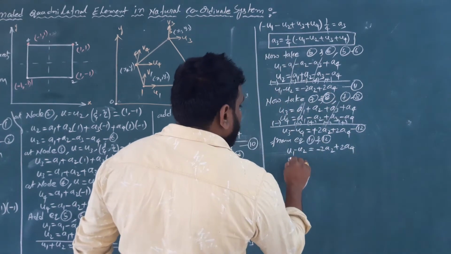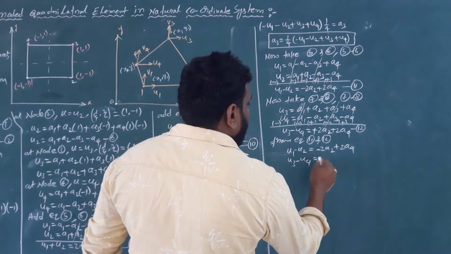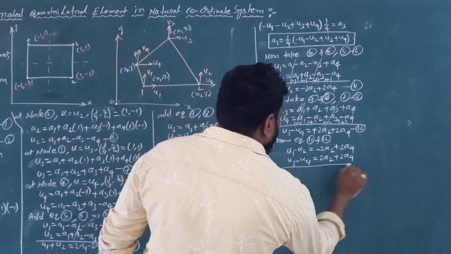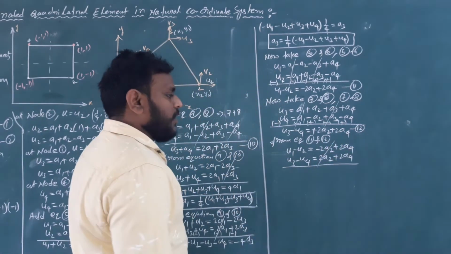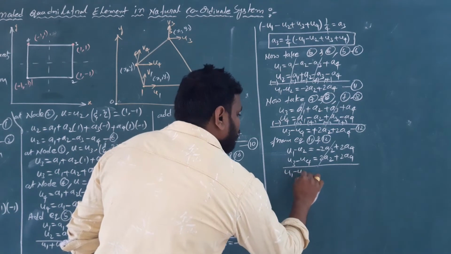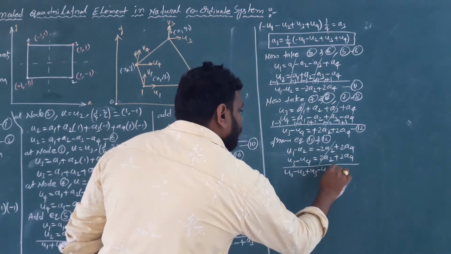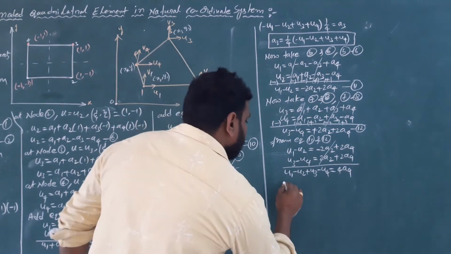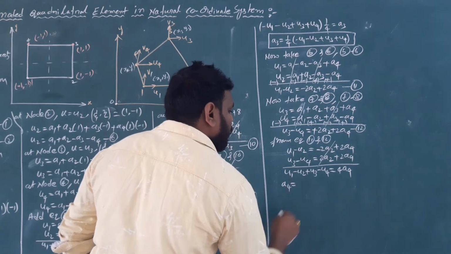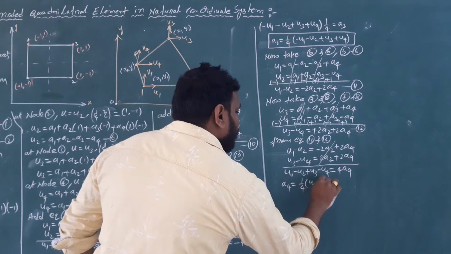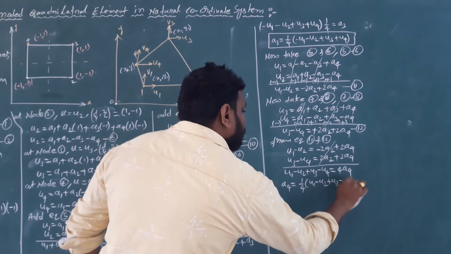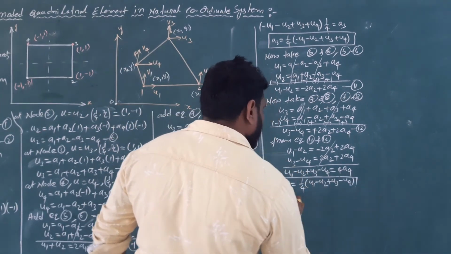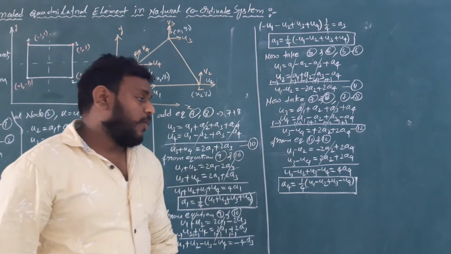Here in the 12th equation, u3 minus u4 is equal to 2a2 plus 2a4. So add these two equations. So 2a2 cancels. So remaining is u1 minus u2 plus u3 minus u4 is equal to 4a4. We want a4, so it is equal to 1/4 of u1 minus u2 plus u3 minus u4. This is the value of a4. a1, a2, a3 are polynomial coefficients.